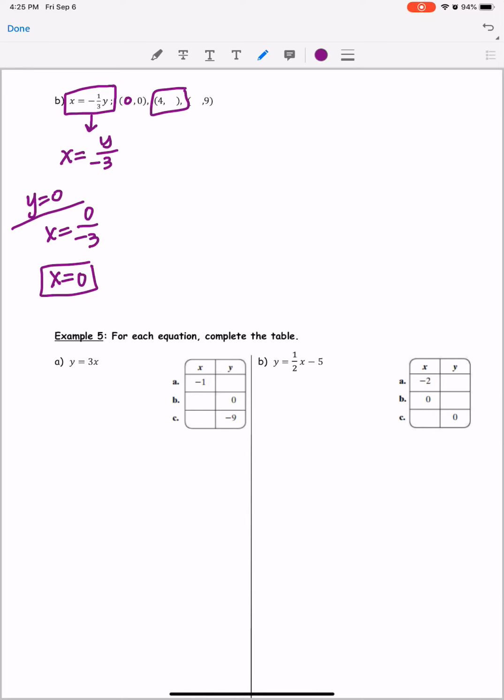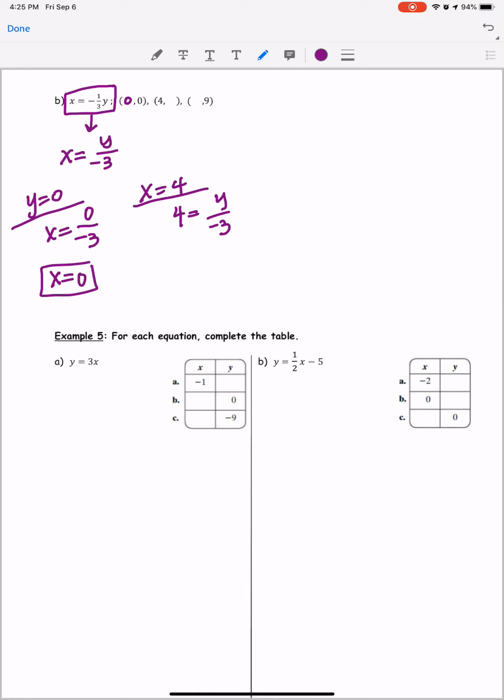Okay, now on this one, they're giving me x, we are solving for y. So if x is 4, that means I've got 4 here. 4 equals y over -3. So solve this for y.